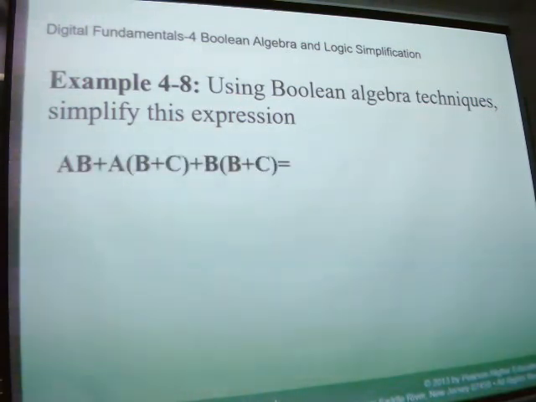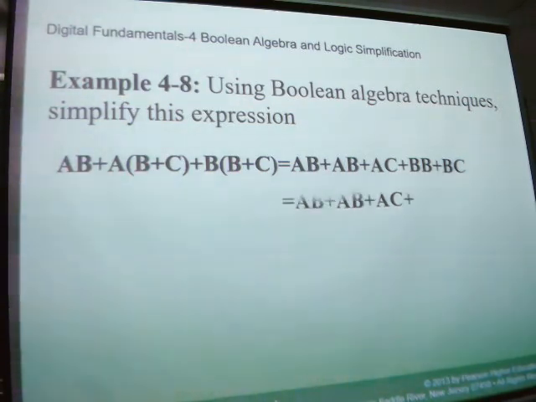The first example is this. We have learned AB plus A and B plus C, and B or B and B plus C. According to the distributive law, A and B plus C equals AB plus AC. So then BB plus BC.